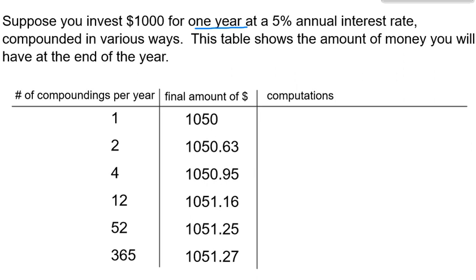If you compound your money once per year, we say that is annually. This is like the previous example, and you have $1,050 because you have $1,000 originally invested multiplied by 1.05. If you compound your money twice a year, that's known as semi-annually.